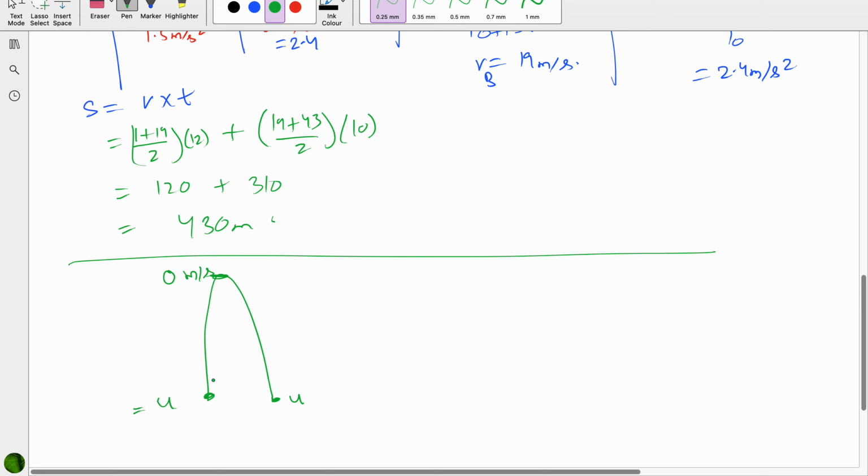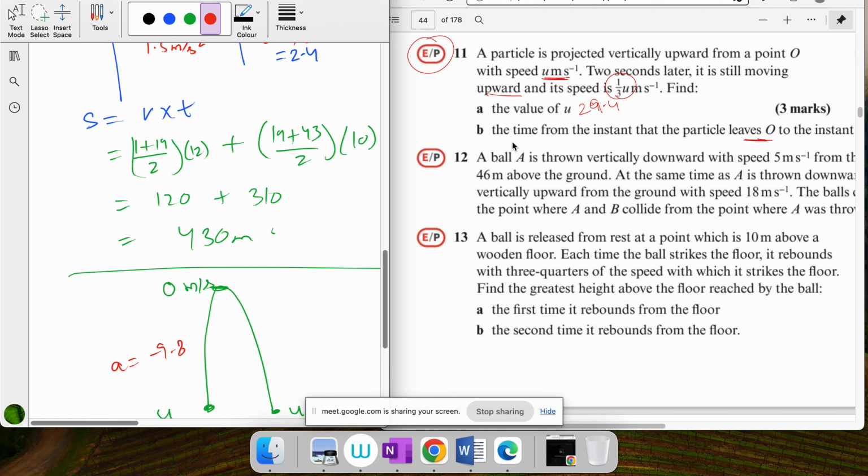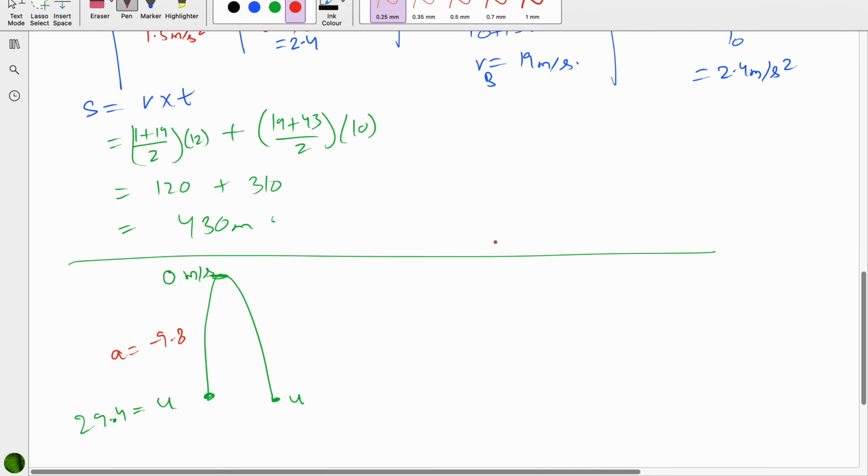I already know u is 29.4, and we know the acceleration is minus 9.8. We need to find the time from the instant the particle leaves to the instant it returns, so the total time of flight.